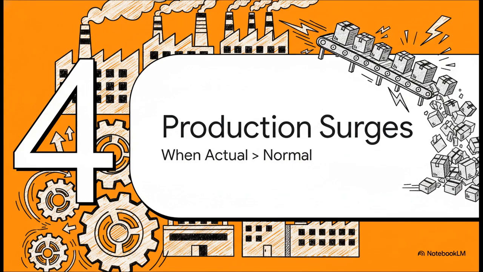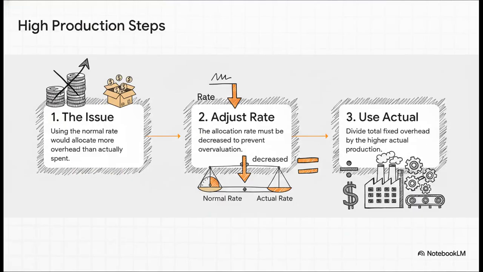Well, that creates a completely different kind of puzzle. So here's the problem. If we just stuck with our normal rate, we'd actually end up allocating more costs to our products than we really spend. And you can't do that. You can't just invent costs out of thin air. So the rule says you've got to adjust. In this situation, you pretty much ignore the normal rate and use the actual rate instead.